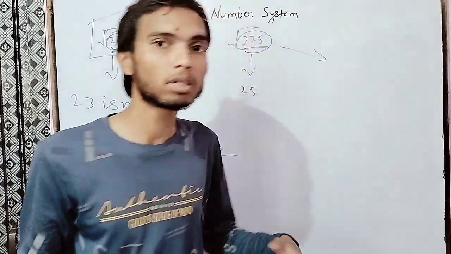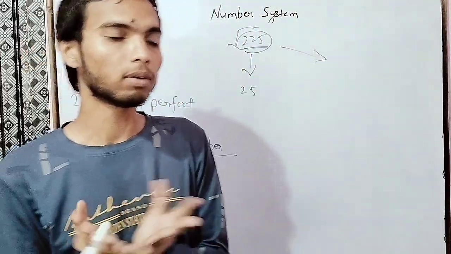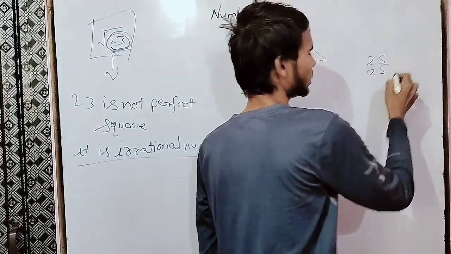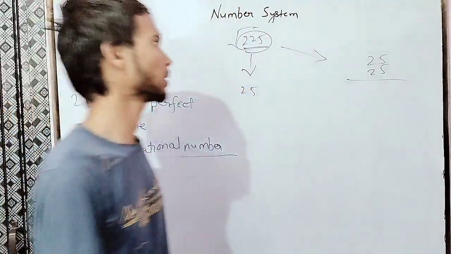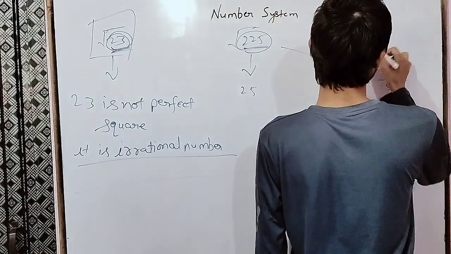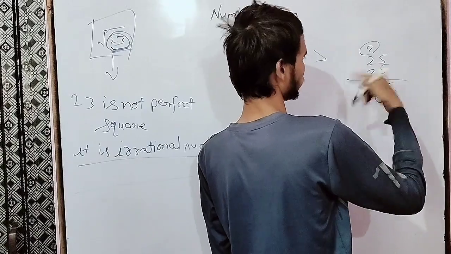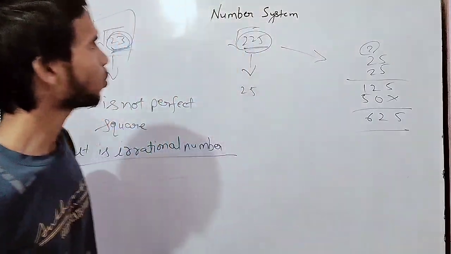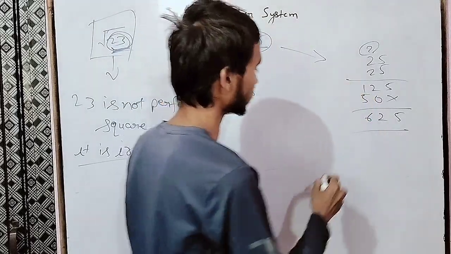What is that number that will be multiplied one more time will give a perfect square? For example, 25. Let's take 25, and we are going to multiply 2 times it.